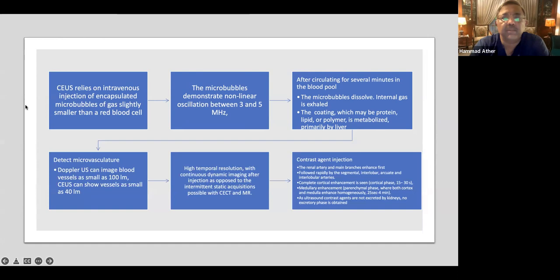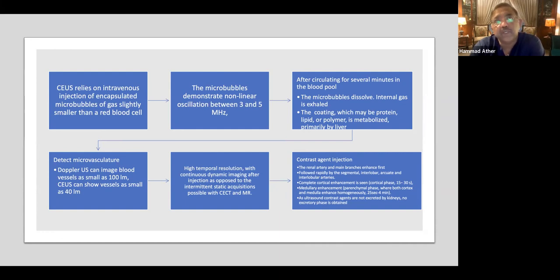So a little bit about mechanism here. Contrast-enhanced ultrasound relies on the use of an intravenous injectable agent, which is a microbubble encapsulated in a matrix shell. These are smaller than the red blood corpuscles. The microbubble demonstrates non-linear oscillation between 3 and 5 megahertz. This is what you can pick up using your regular high-frequency probes.